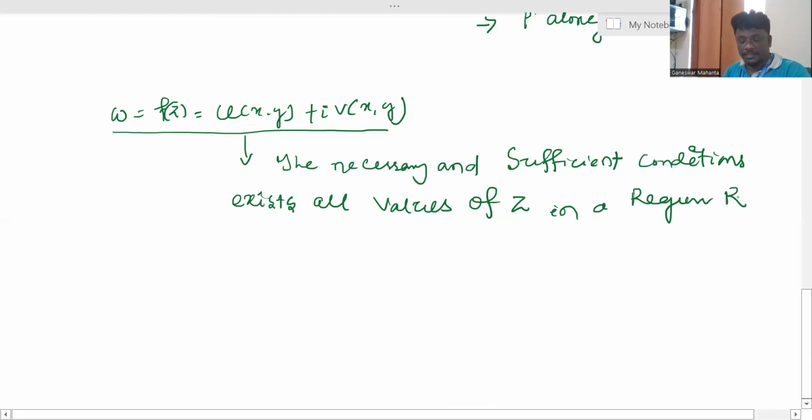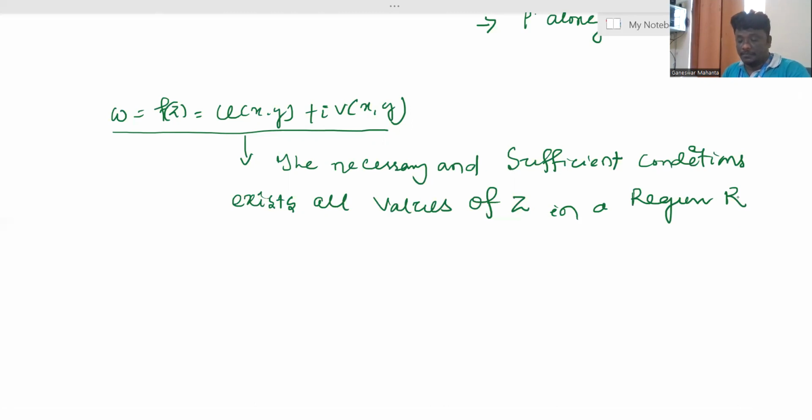What are the necessary conditions? There are two conditions.